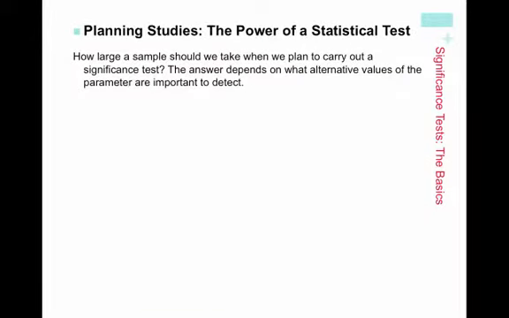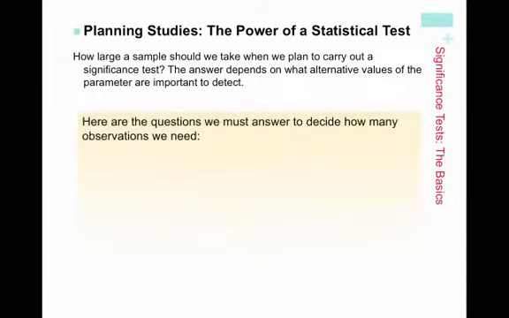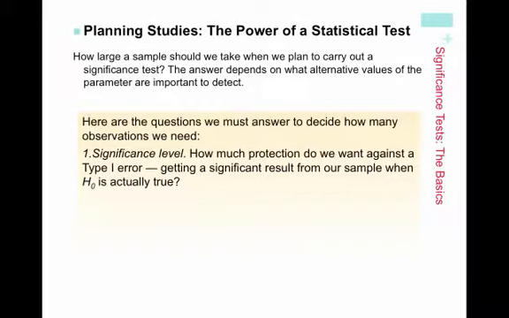So how large of a sample should we take when we plan to carry out a significance test? That answer depends on what alternate values of the parameter are important to detect. Here are the questions that we have to answer. Significance level: how much protection do we want against the type 1 error?